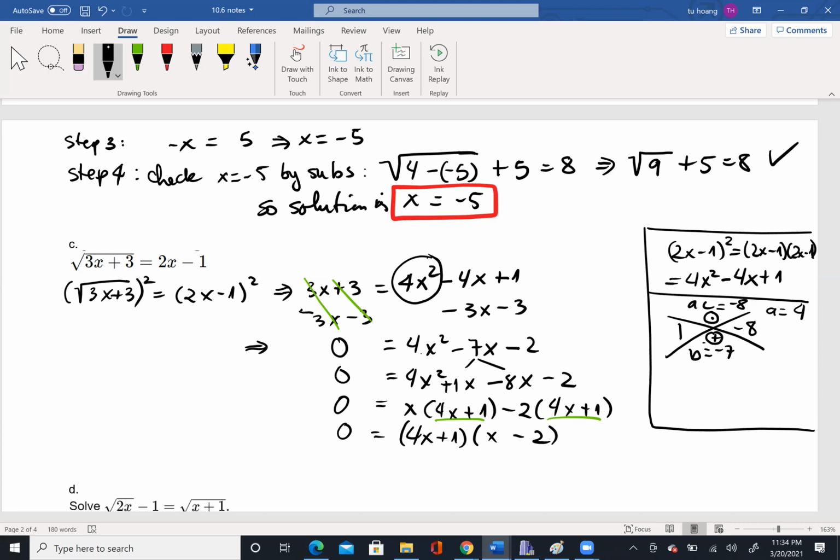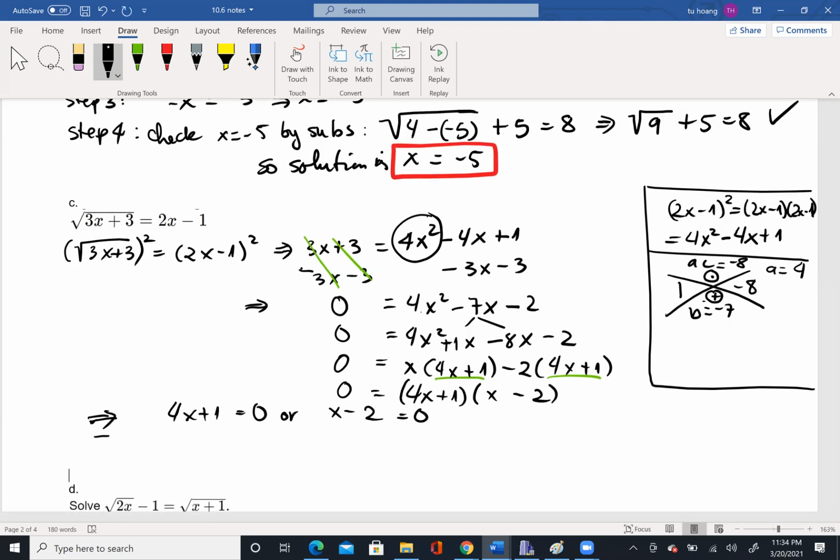You're going to apply the zero product property. I have 4x plus 1 equal to 0, or x minus 2 equal to 0, and you have x equal to, you know what, let's slow down a little bit.